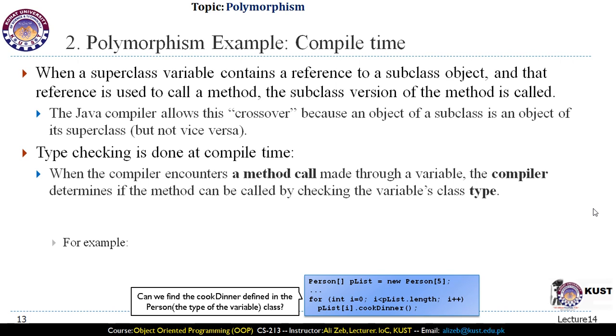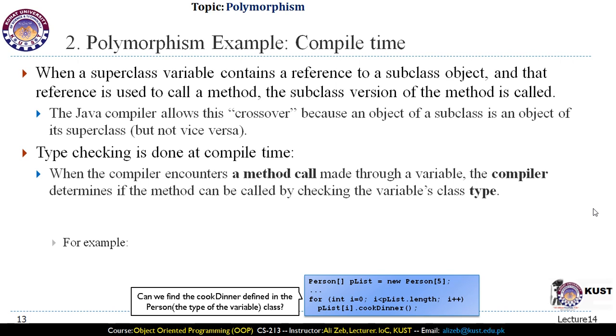When the compiler encounters a method call made through a variable, the compiler determines if the method can be called by checking the variable's class type. And it checks the compatibility of the two objects, if they are compatible. They are compatible in the sense that if an object is an object of the subclass, then that object is an object of the superclass as well.